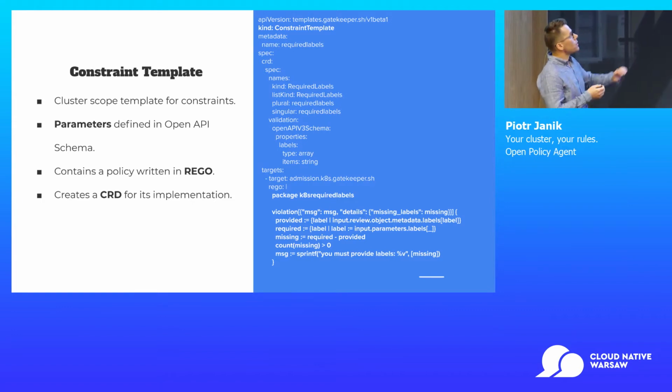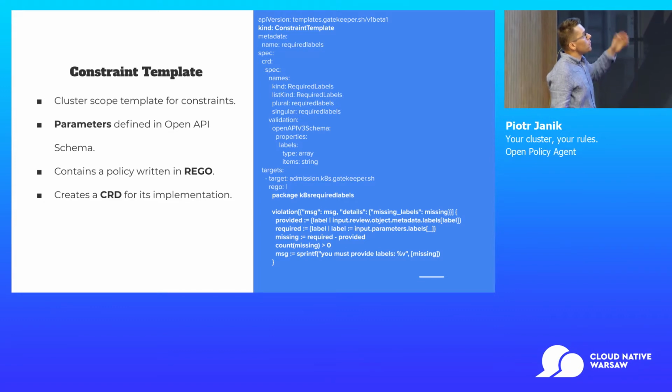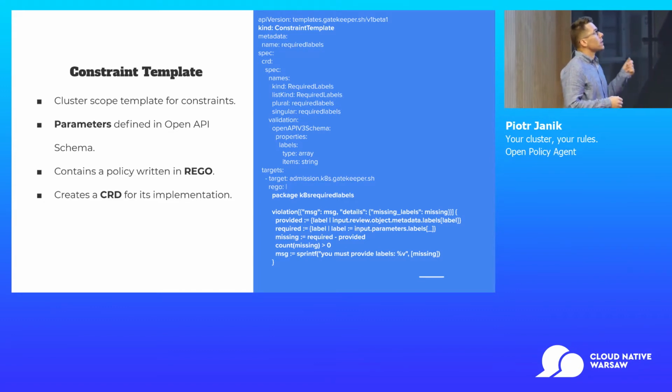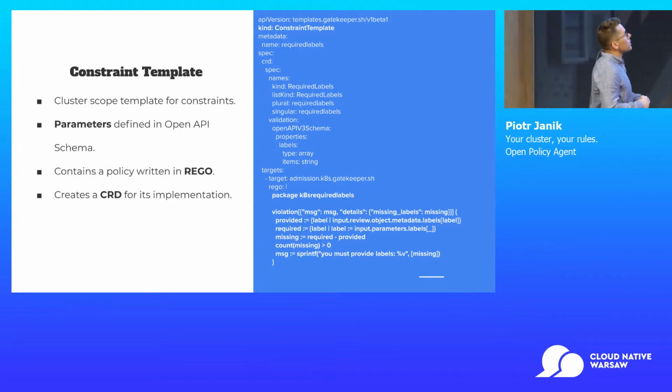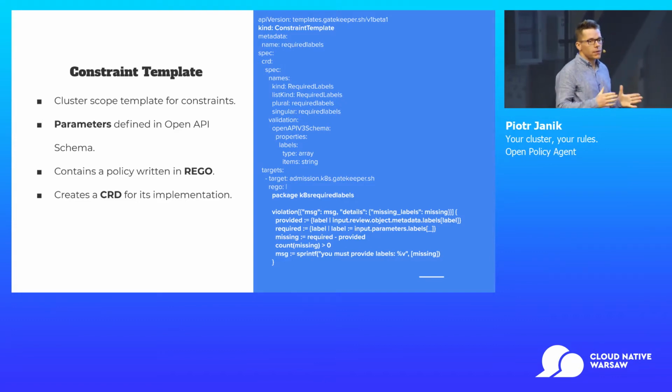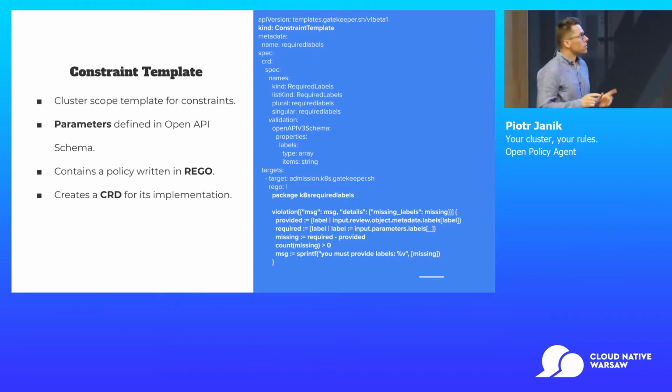Here we're saying that our constraint will need properties like labels, because in this Rego policy we will expect all deployments to have a list of labels. These are the labels I want all deployments to have.